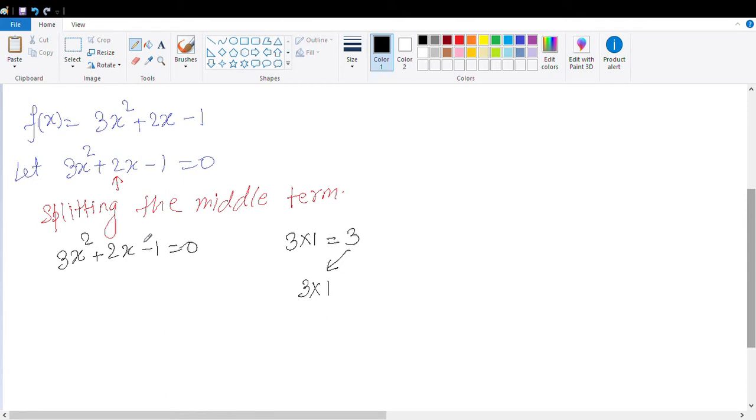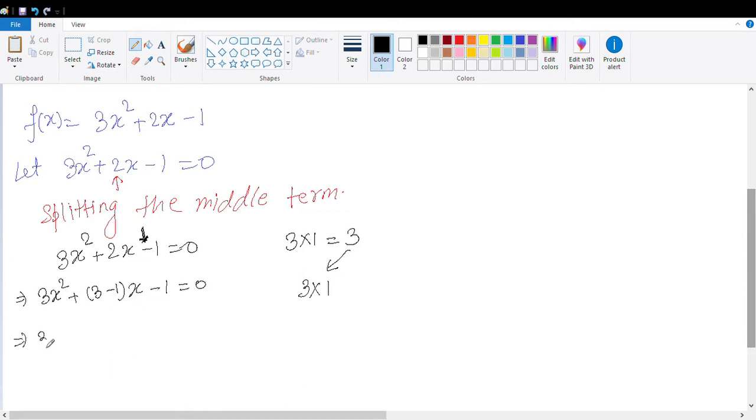Now, since the constant term is negative, the subtraction of the factors should be equal to the middle number. So 3x square, in place of 2 we will write 3 minus 1. Why are we writing 3 minus 1? Because the constant term is negative. x comes as it is, minus 1 equal to 0.